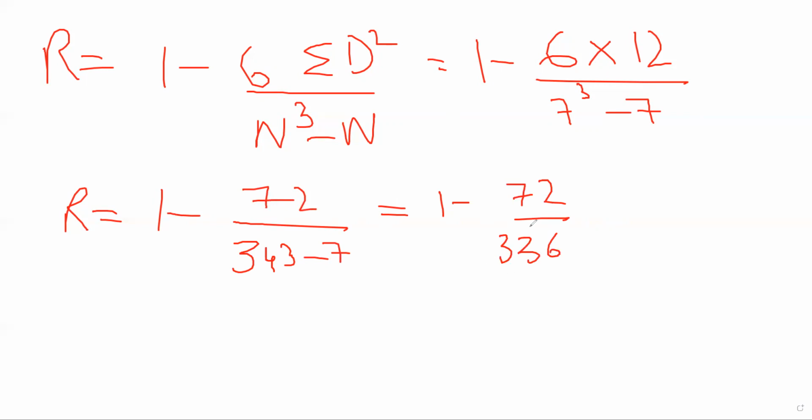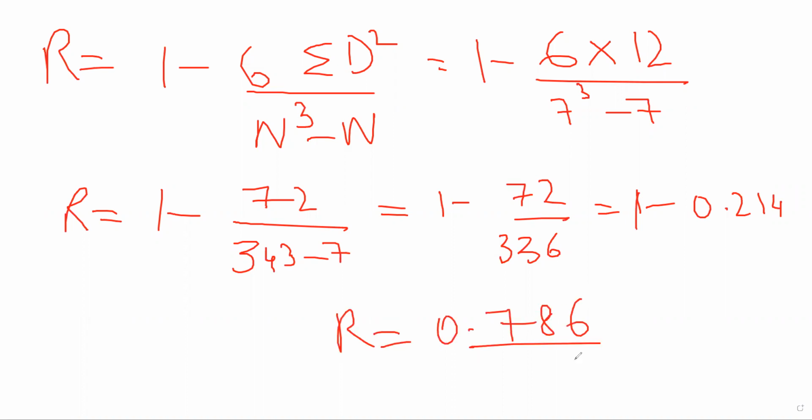Now if you divide 72 by 336, you'll get somewhere around 0.2. ठीक है, 1 minus 0.214 आता आप लोगों को. So your value r is equal to 0.786. That is your r.